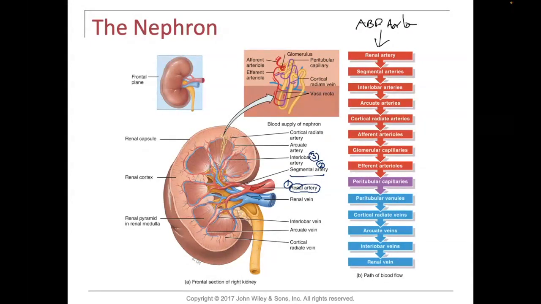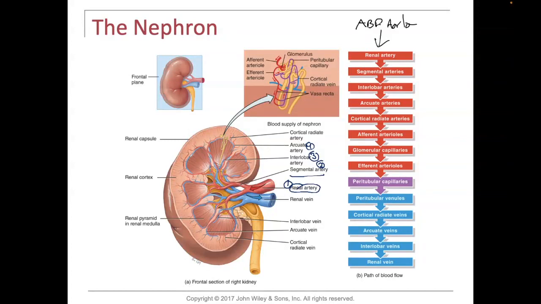After the segmental, that artery is going to continue where the renal columns are between each pyramid into the interlobar. The interlobar is going to come up and follow the base of the pyramid. It's going to create an arc around the pyramid. That arc is called the arcuate artery. That's number four, the arcuate.